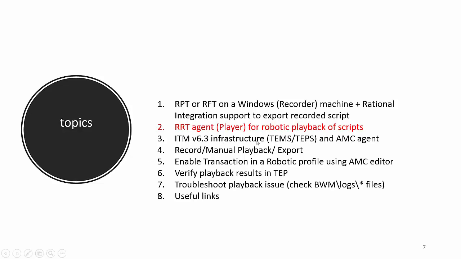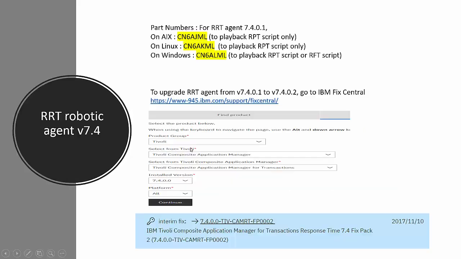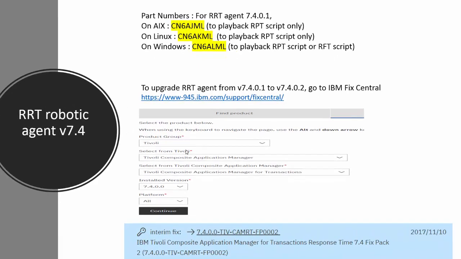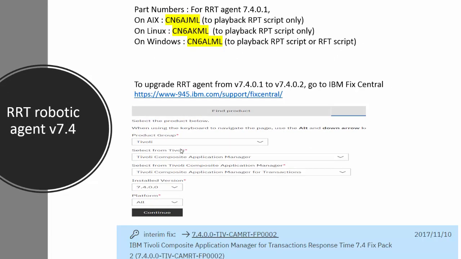So of course we are going to use the ITM TEP or Tivoli Enterprise Portal client to enable a transaction defined in a robotic profile using the AMC editor. And of course we need to deploy later this robotic profile on the robotic response time agent.